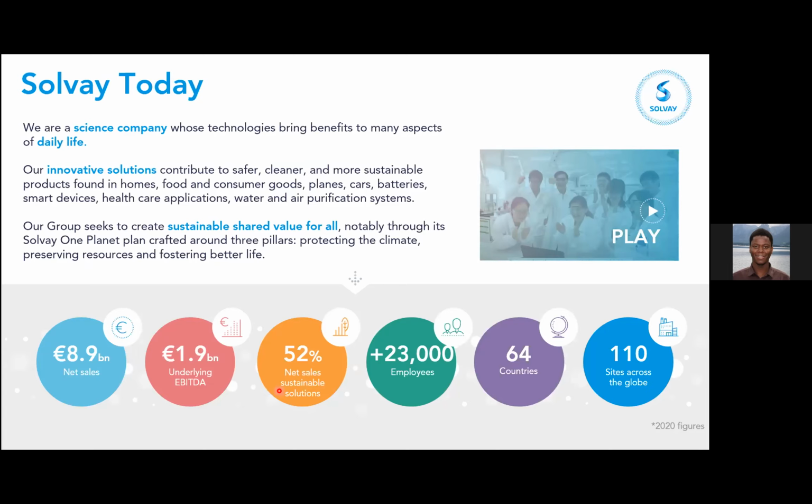I will not go much into the details. And our group seeks to create sustainable shared values for all, notably through what we call the Solvay One Planet goals, which are crafted around 3 pillars. I will give an overview on the next slide. And these are just some key figures for our company.